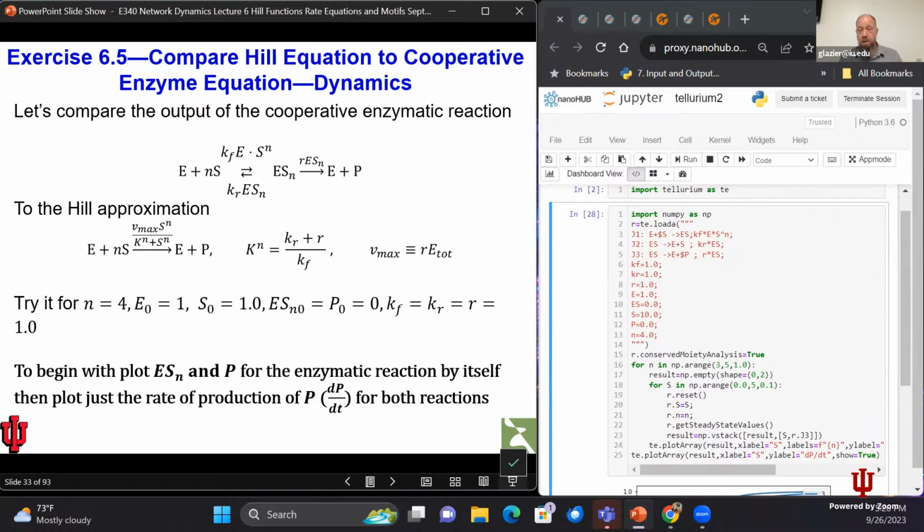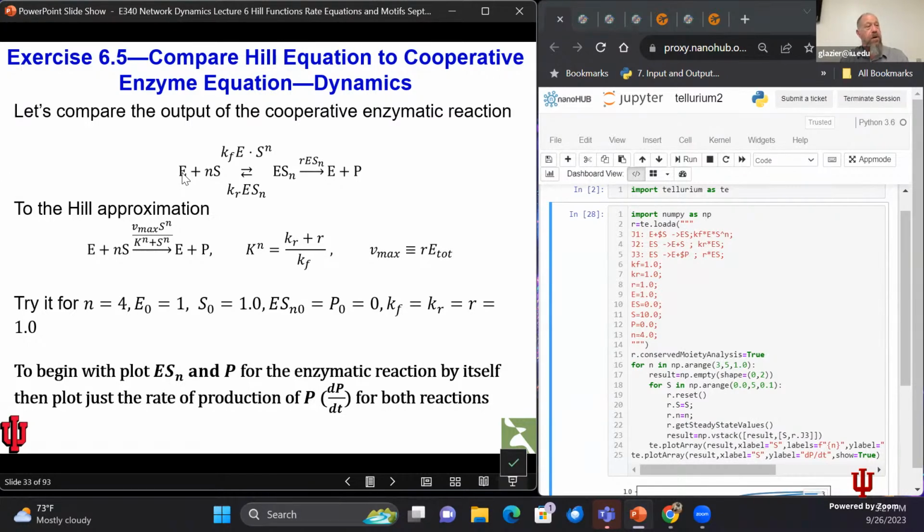Let us actually look at the time series for the enzymatic reaction, which is what we have written here, and compare it to what would happen if we assumed that everything happened at once in one go, so to the Hill approximation. The steady states are going to be the same, but let's actually look at the time series. Is it clear what you need to do here?